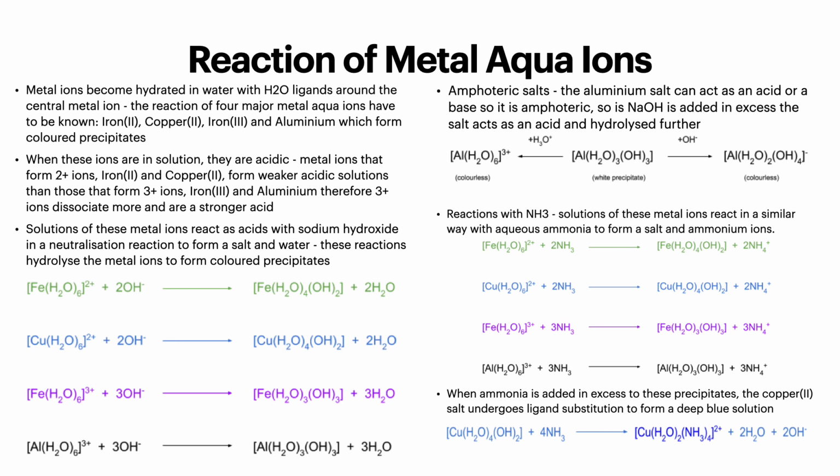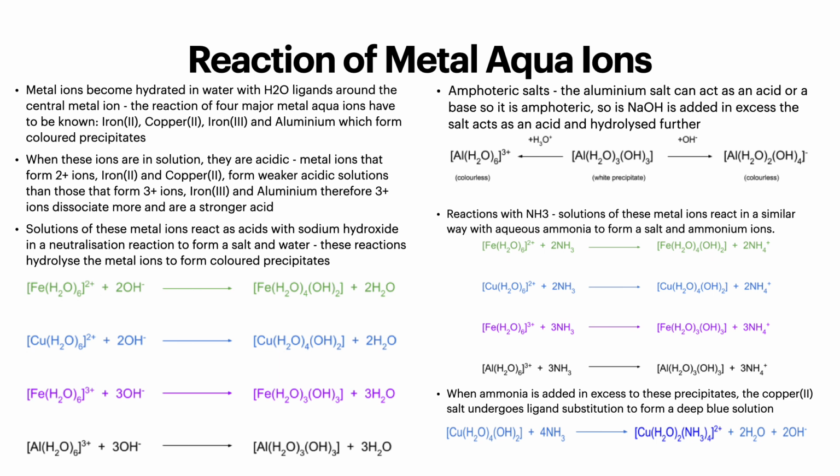These reactions hydrolyze the metal ions to form coloured precipitates. Again, at the top you can see, for iron 2 this is green, for copper 2 this is blue, for iron 3 this is purple, and for the aluminium it's colourless, it doesn't have a colour to it.